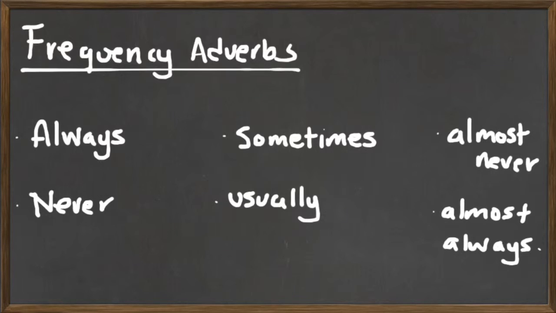Okay, so let's just check the pronunciation. I will say it, and I hope that you can at least repeat it once. I know that you probably know how to pronounce these, but it never hurts to practice a little bit extra.